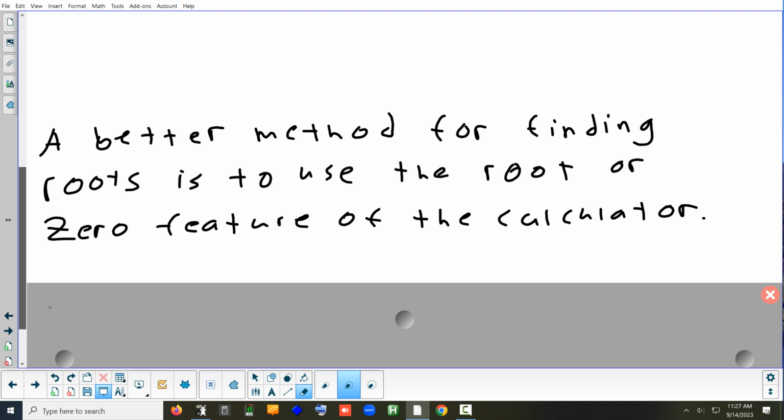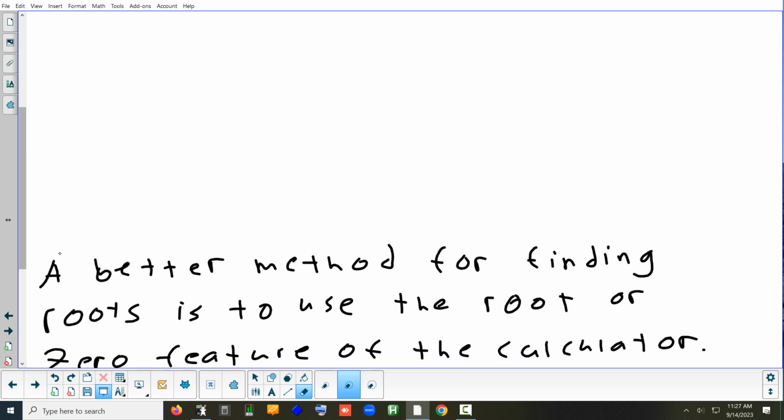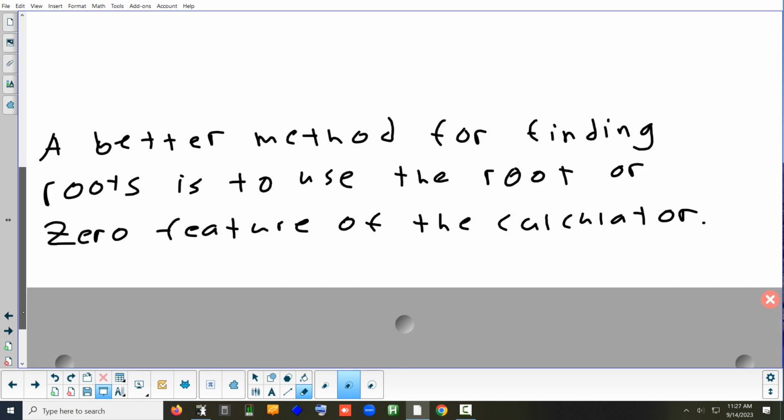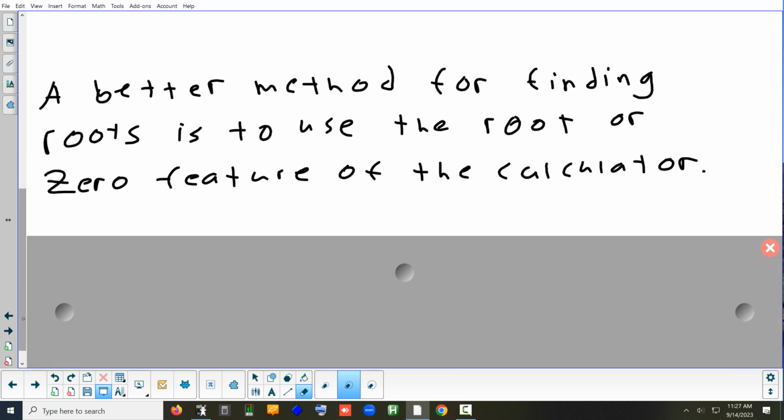The method that we use for finding roots is to use either the root or the zero feature of the calculator, and that's what I've been showing you how to do. So that's how you find roots graphically.